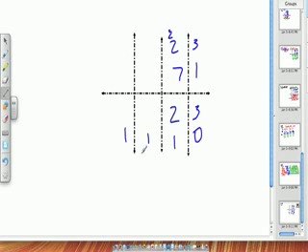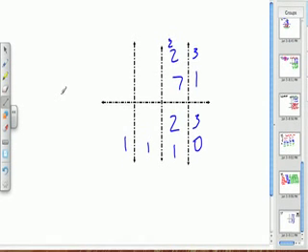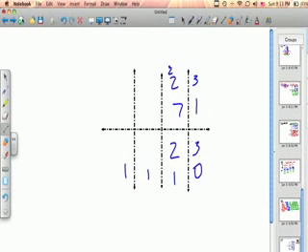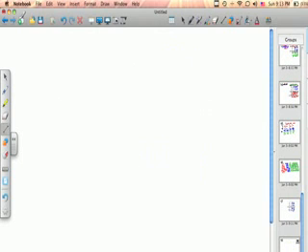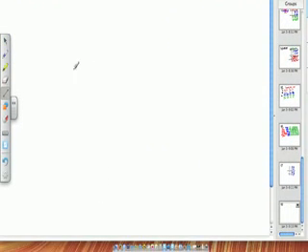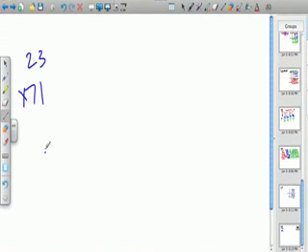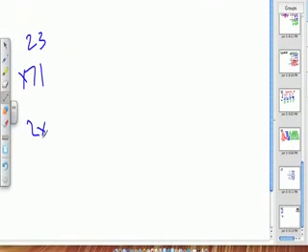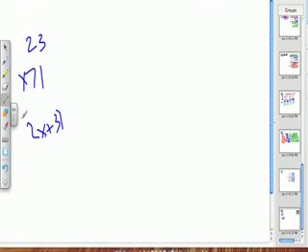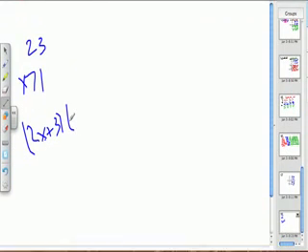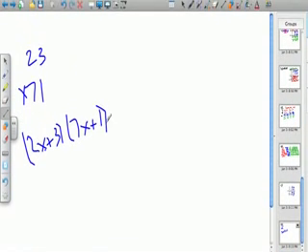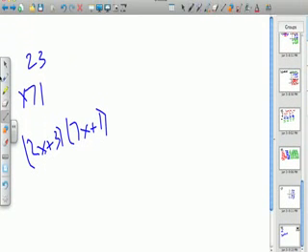And if multiplication is based off of exponents, then why can't I do the same thing? Instead of 23 times 71, why can't I do 2x plus 3 times 7x plus 1? Wouldn't it be the exact same idea?